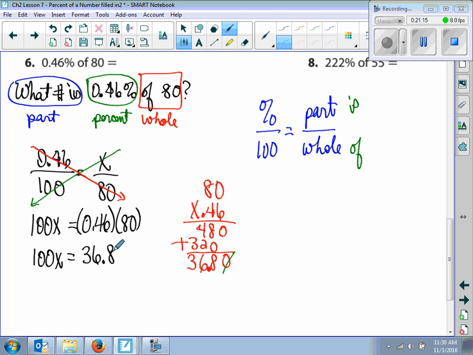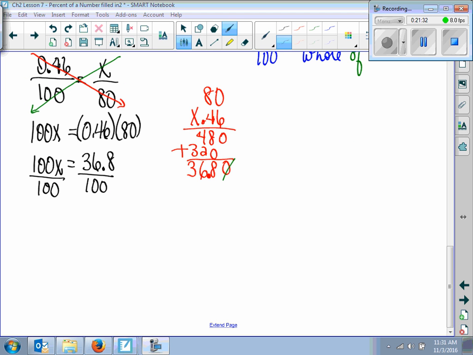Very good. So here, when we divide by 100, we have to show that we're dividing by 100. So you show that you're dividing by 100 on this side, and show that you're dividing by 100 on that side. So now, the 100s over here cancel to ones, right? Those cancel to ones.